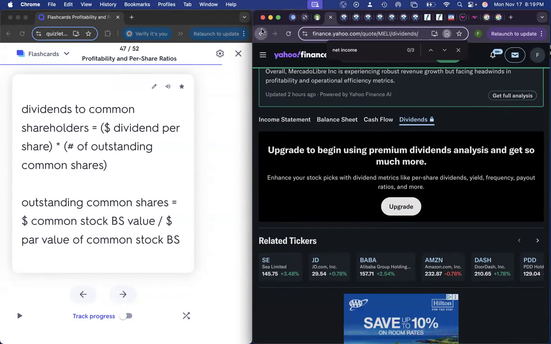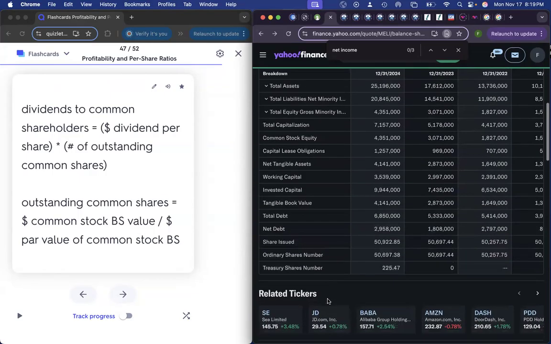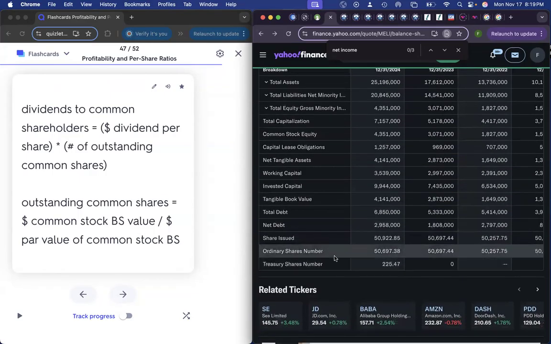But let's come back to our balance sheet and just say they issue 10 cents of a dividend per share. There were 50,697 shares in 2024, and each share gets 10 cents. That's the dividend to common shareholders.